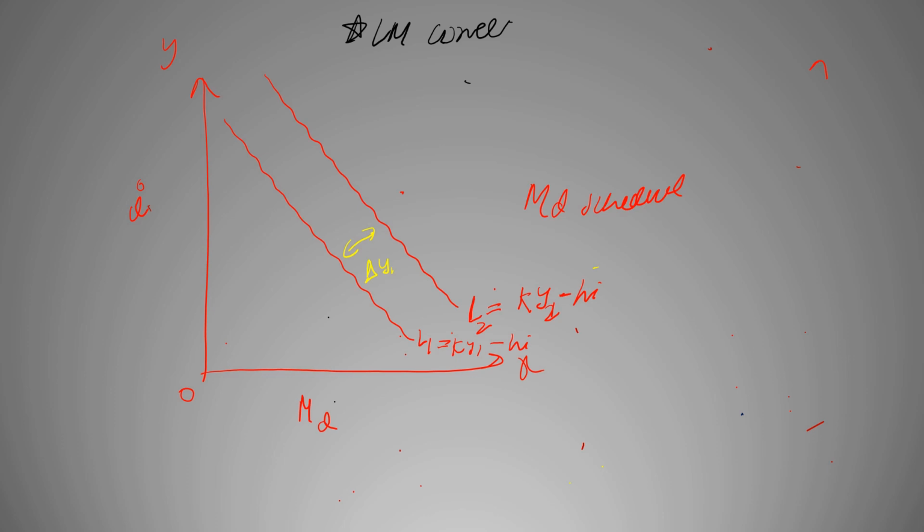So we can say that at a constant rate of interest, our MD increases as the level of income increases. Okay, we are good to go.